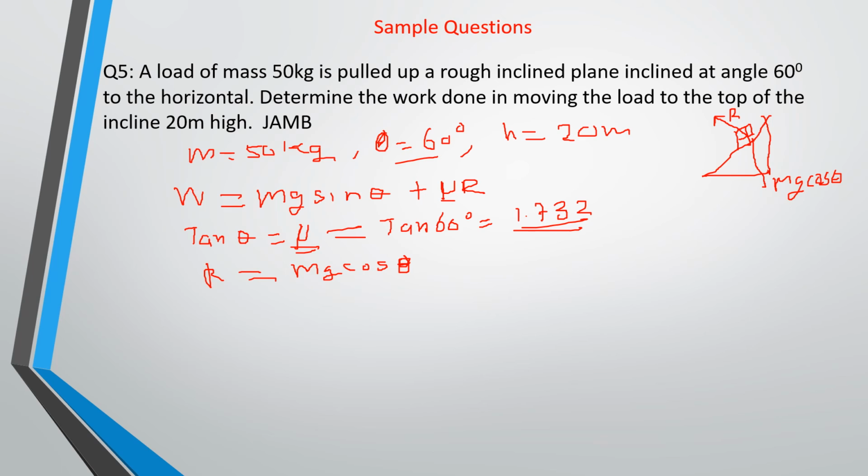Okay, so you can now put all this into this equation that we wrote down, so that we have that work done is equal to mg sin theta plus 1.732 times mg cos theta. So now we're going to substitute into this equation.